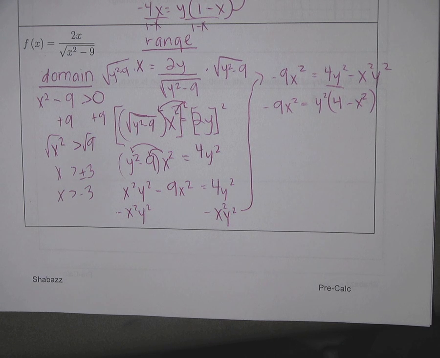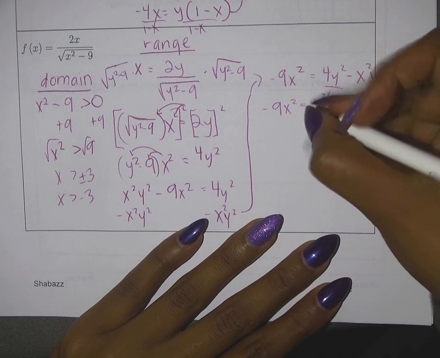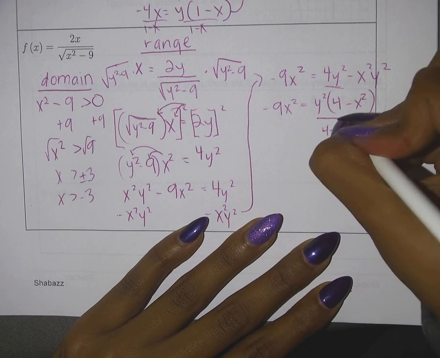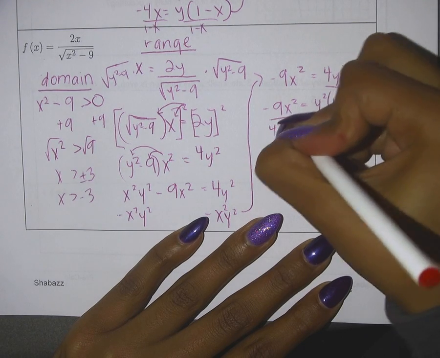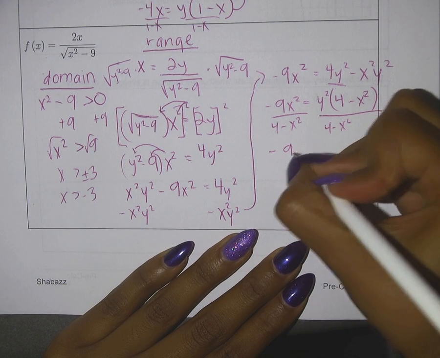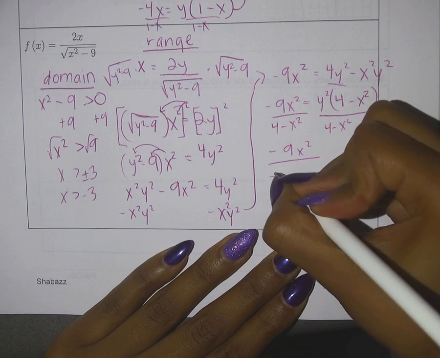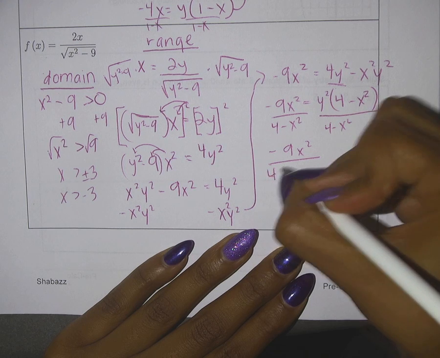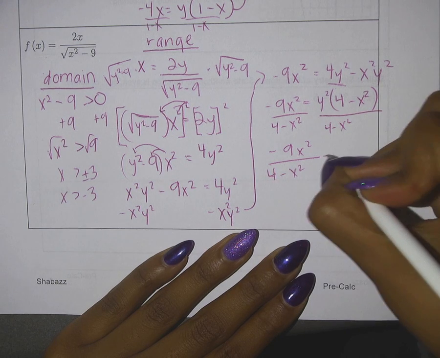Okay, now what? Divide, right? Yeah, divide. So I have negative 9x squared over 4 minus x squared is equal to y squared.